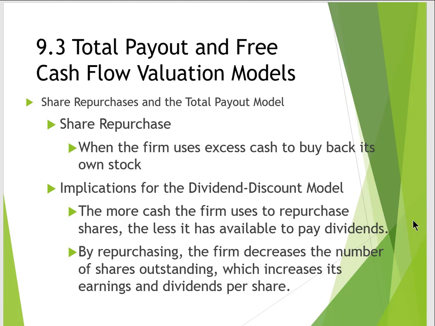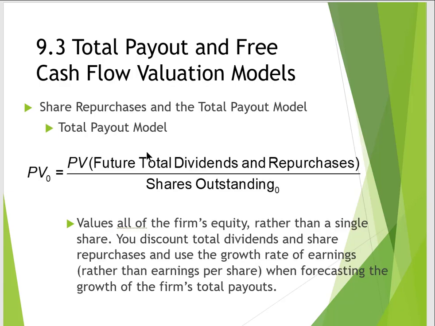So the idea here is that by repurchasing stock, the firm decreases the number of shares outstanding. And since that increases earnings per share and dividends per share, that's going to have an impact on value. So the model then just says we want to find the present value of future total dividends and repurchases. Divide that by the number of shares outstanding.